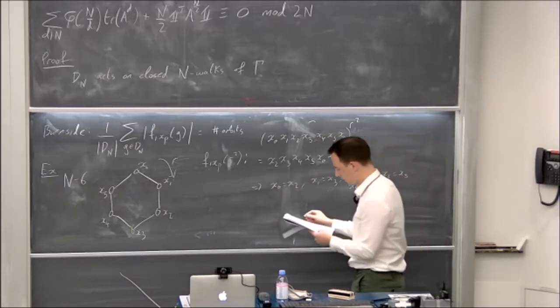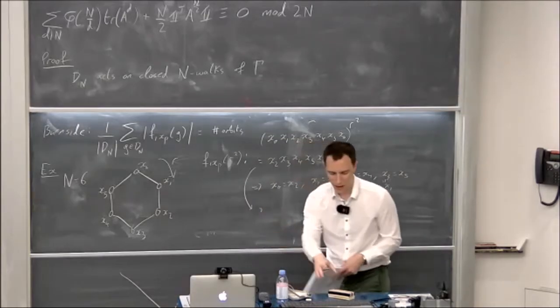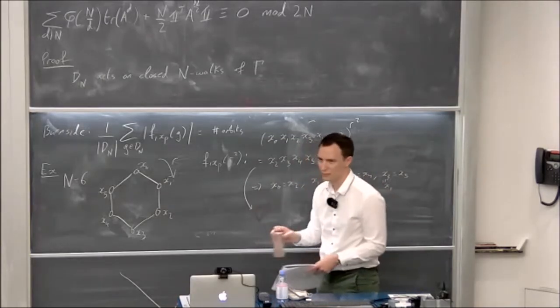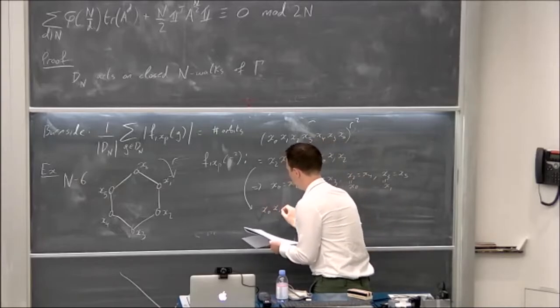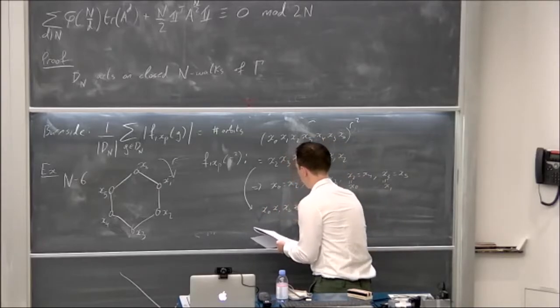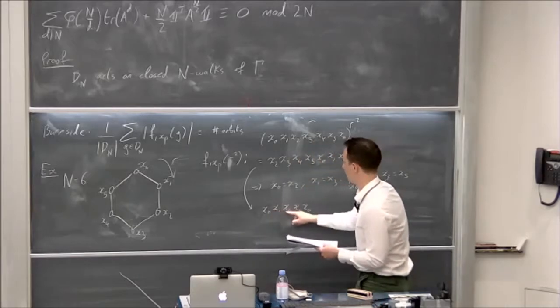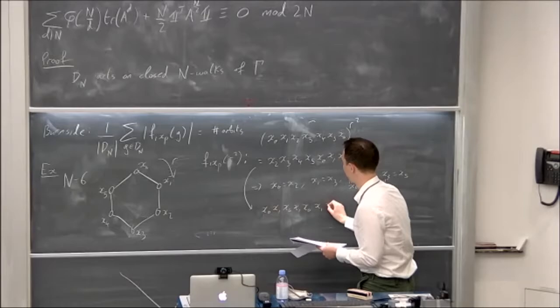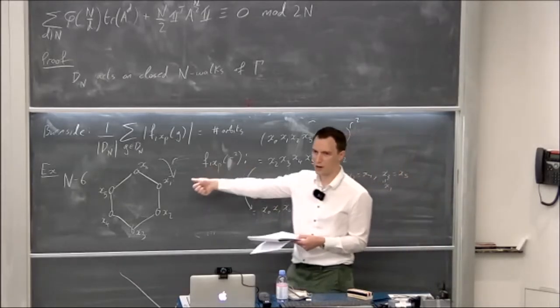And so we find that this whole thing is just equal to x0, x1, x0, x1, x0, x1 repeated. So this is what a walk looks like that's fixed by R squared.